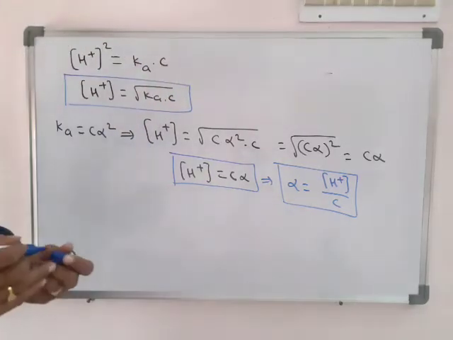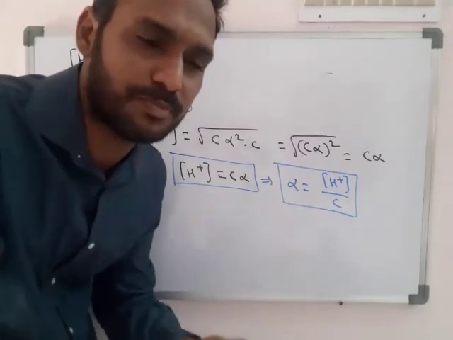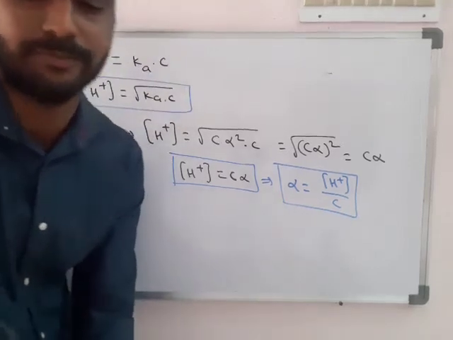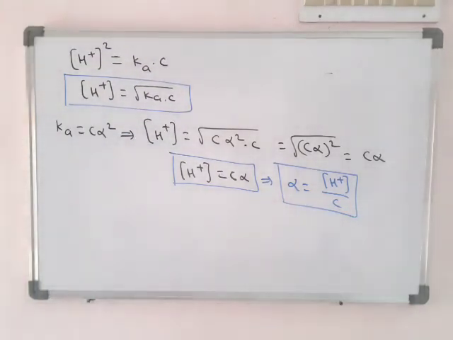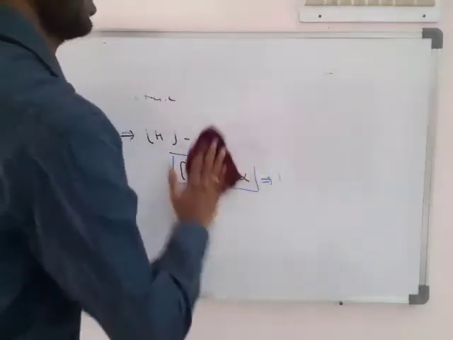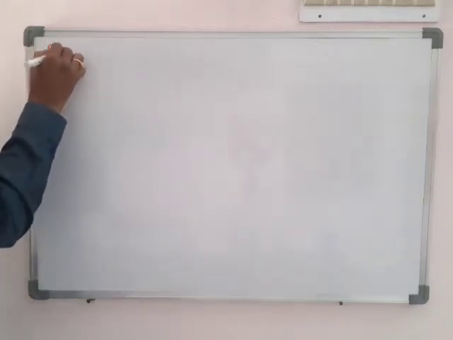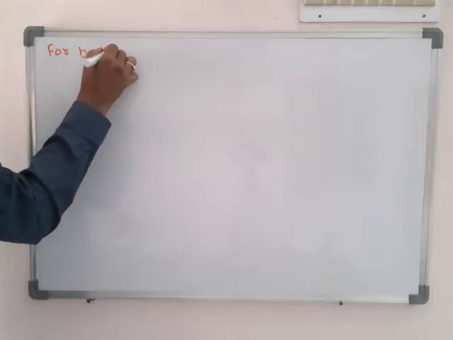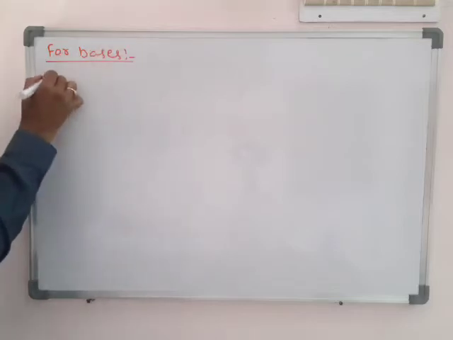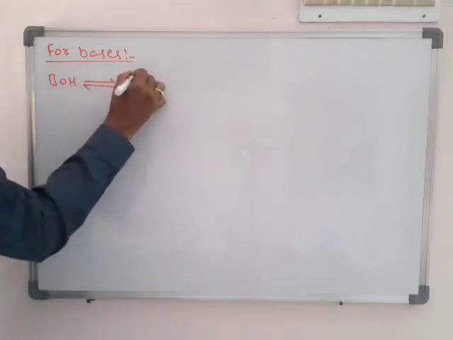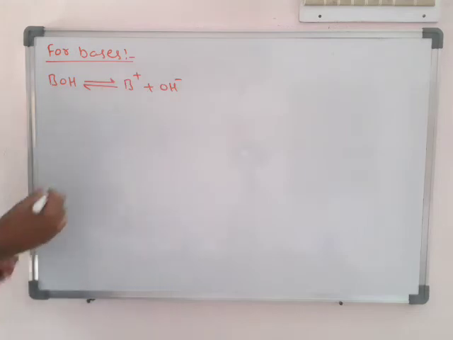Now we apply the same concept for bases. This is called dissociation, nothing but ionization of bases. For bases, the common reaction is BOH giving rise to B plus and OH minus.